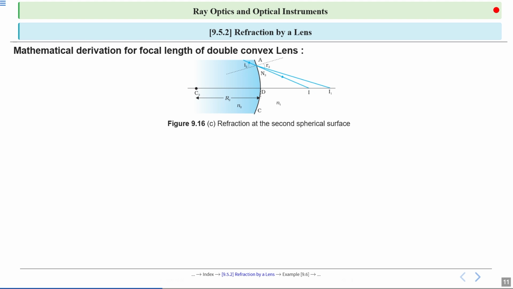So another surface, ADC. Now you can see the incident light is coming after refracting through the first spherical surface ABC, and it will fall on ADC. For the second spherical surface, we will consider that on the left side of the spherical surface ADC there is a medium N2, having refractive index N2.